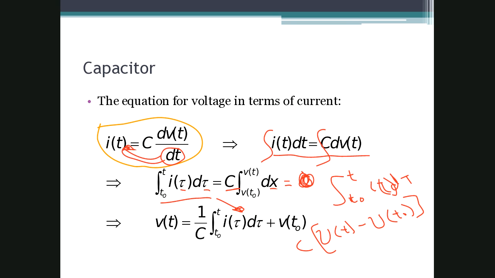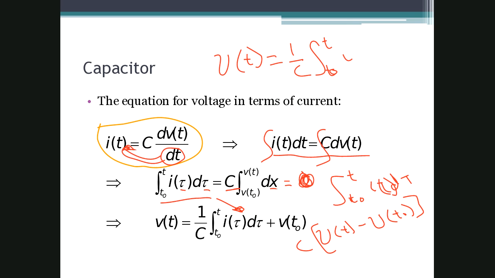And what they do here is just a little bit of algebraic manipulation, where we have 1 over C. You can see that v(t) is equal to 1 over C times the integration from t0 to t of i(tau) d tau, plus the initial voltage.